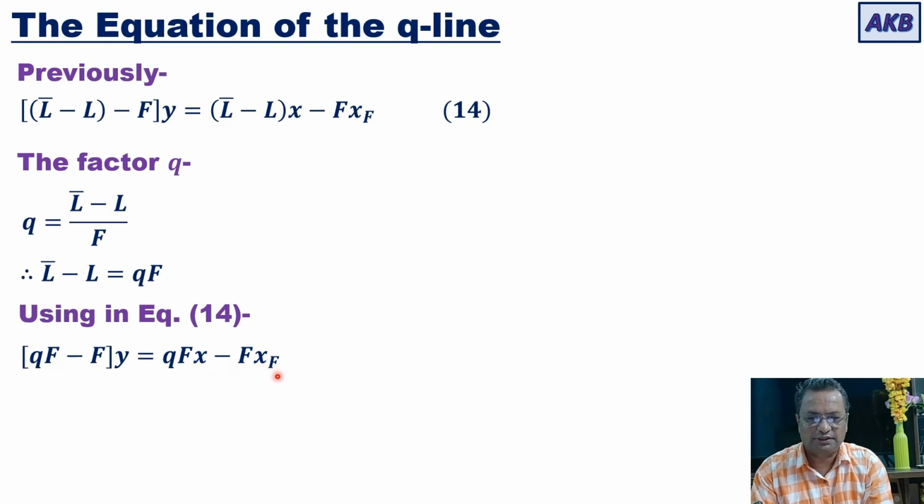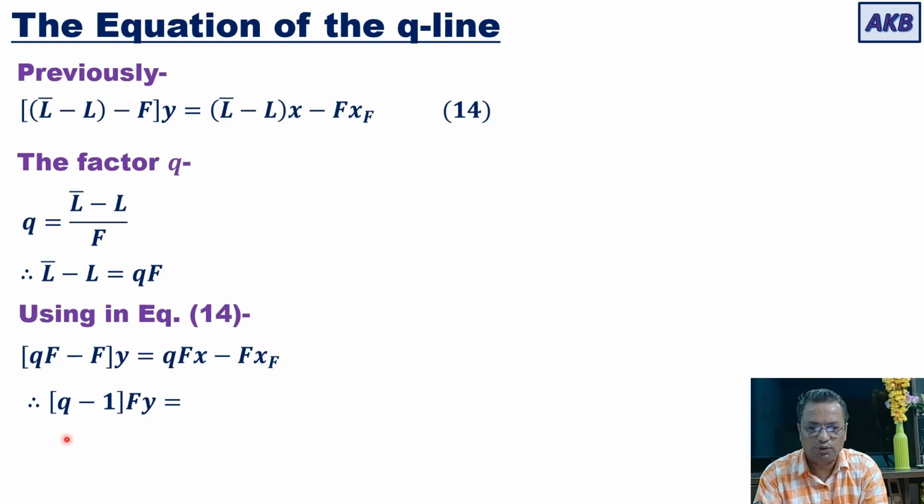So you must have noticed, now we have replaced L bar minus L with QF. Okay. So now you have F common everywhere on the right side and on the left side, so it can be removed. Before that, I have used this step where I have taken F common.